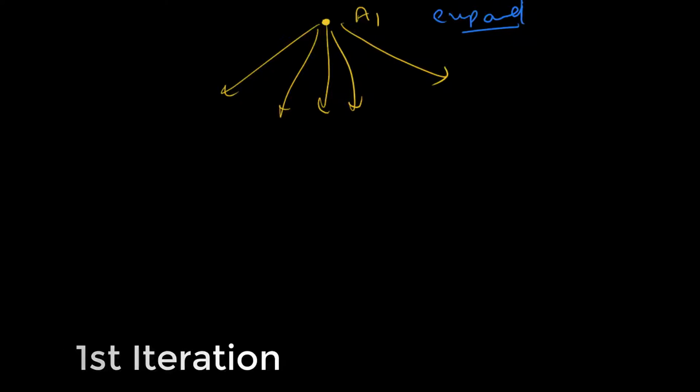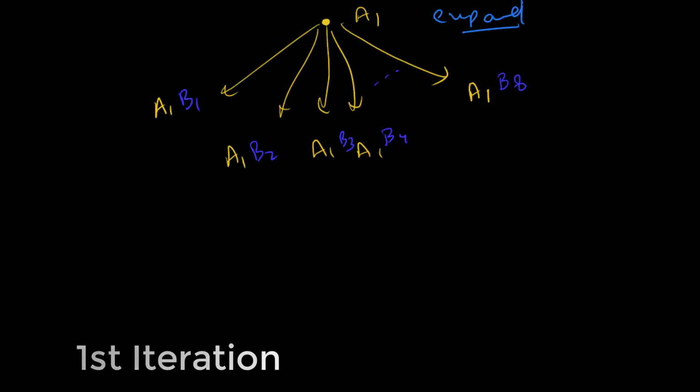So we'll have 8 children of A1, which will be A1 B1, A1 B2, A1 B3, A1 B4 up to A1 B8.